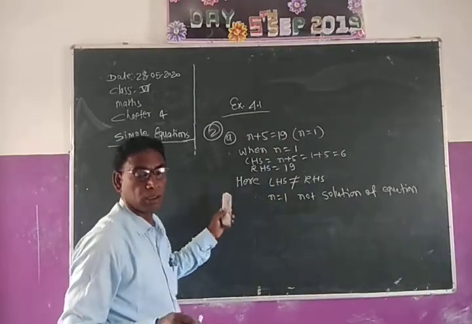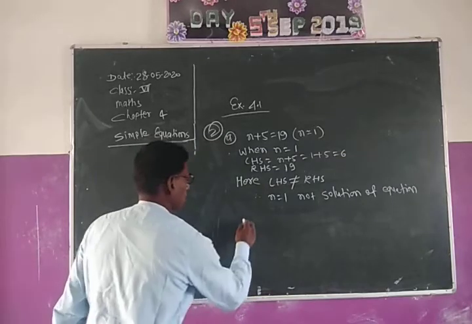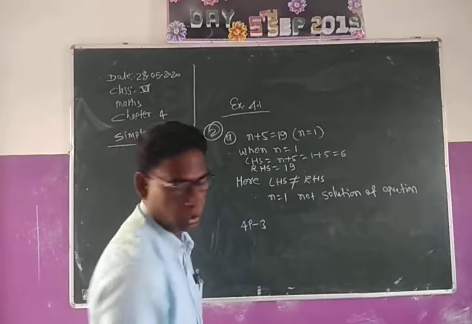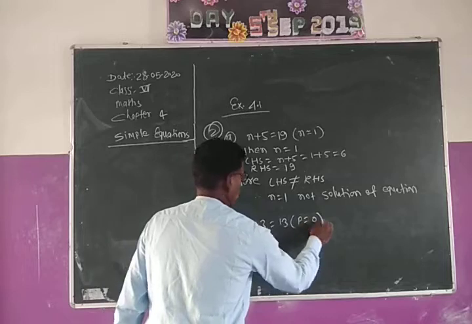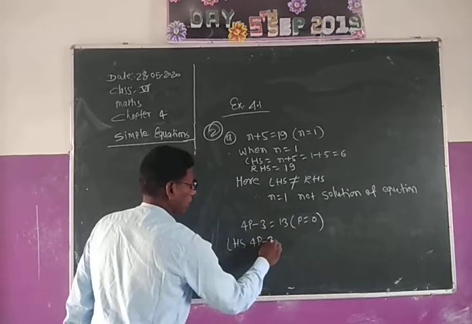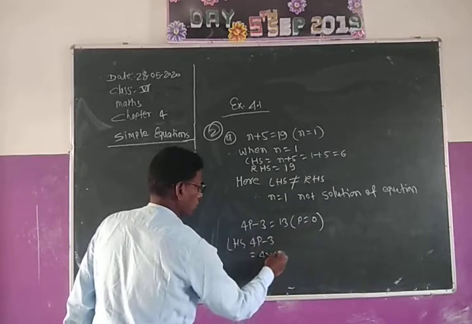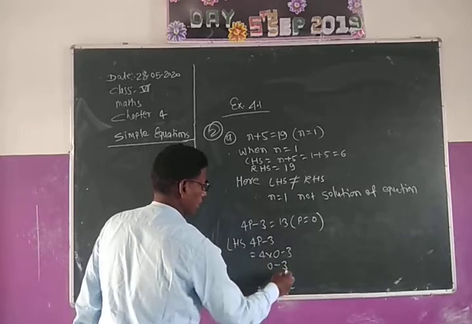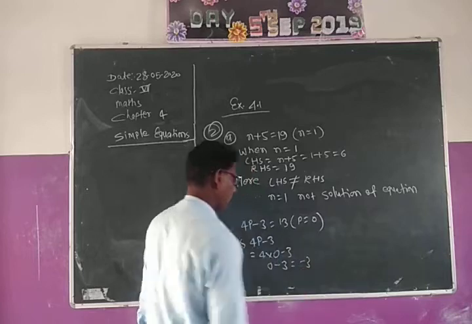Similarly, you will do the next question. 4p minus 3 is equal to 13, p is equal to 0. LHS 4p minus 3, 4 into the value of p which is 0, minus 3. 0 minus 3 is equal to minus 3.